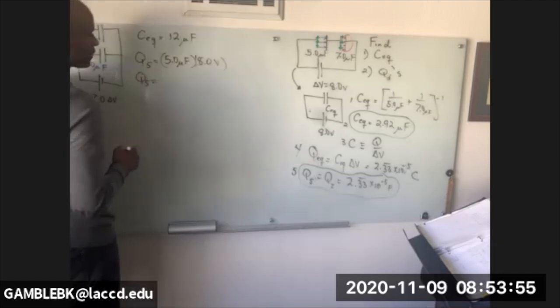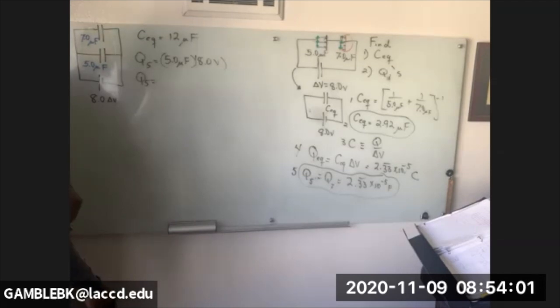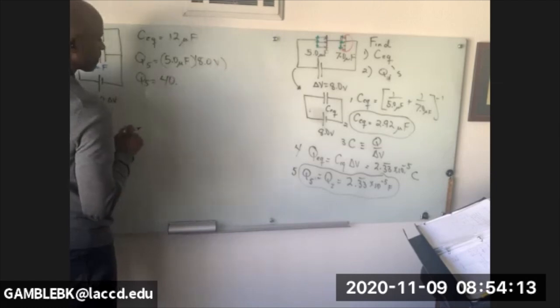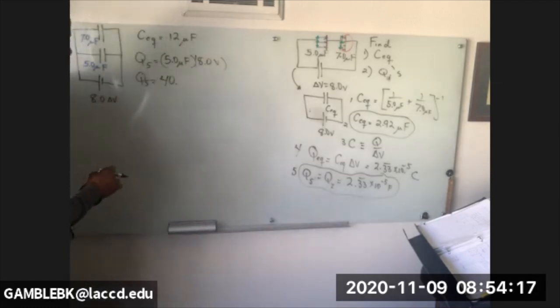So what is that? 5 times this one, 40. 40 microcoulombs. Yeah, 40. That's a little bit of a dilemma because I should only write it as 2 significant digits, right?